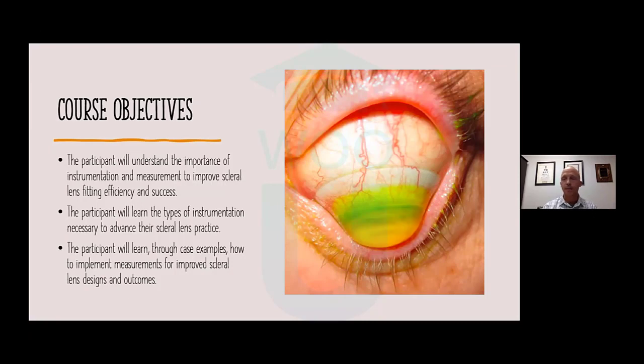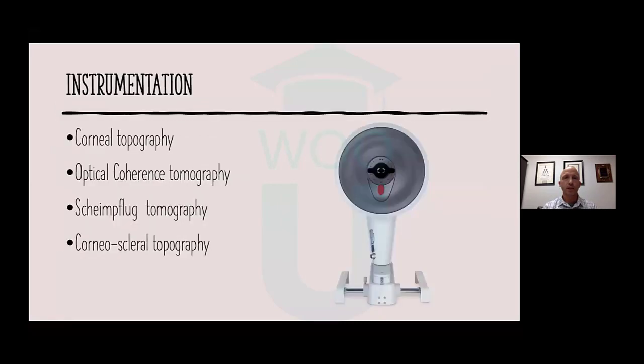And I will be talking about the various instrumentations that allow us to do that, and at the very end, we'll go through some case examples to put all of that into action. The instruments that I'm going to discuss this afternoon include, maybe somewhat surprisingly, corneal topography, optical coherence tomography, or OCT, Scheimpflug tomography, and finally corneal scleral topography.